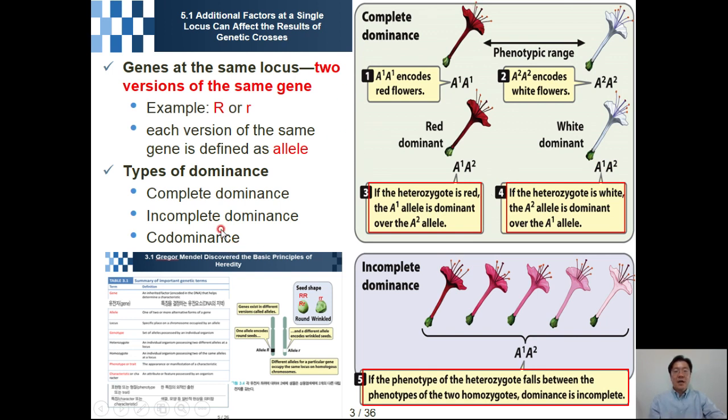Now we will see incomplete dominance. In the F1 generation, they make the A1A2 heterozygote.